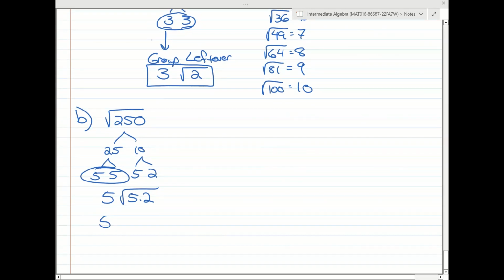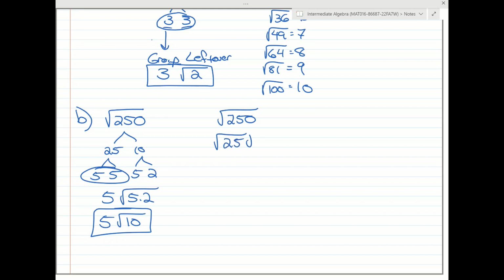So the answer would be 5 root 10. Probably the faster way to do this would be the square root of 25 times the square root of 10, or just 5 root 10.